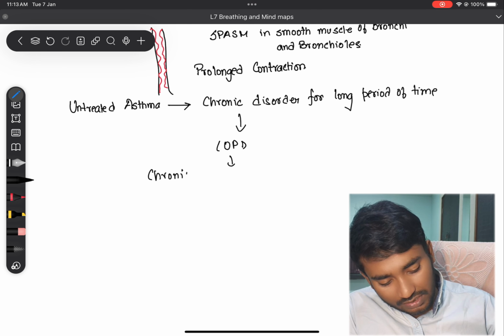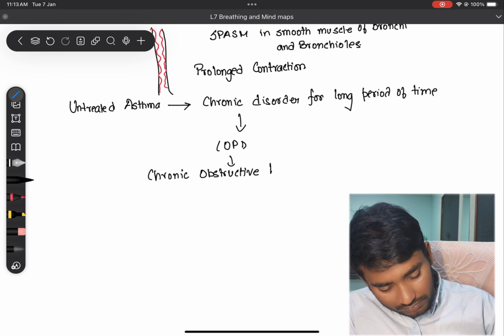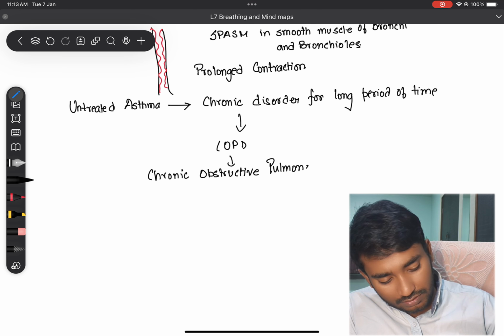COPD is chronic obstructive pulmonary disease.